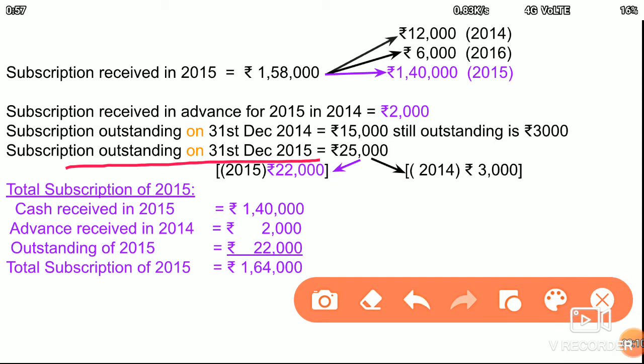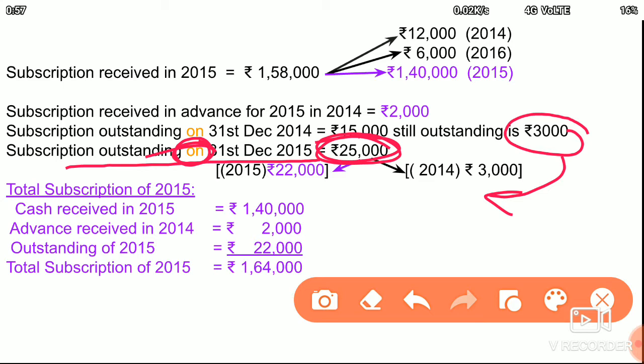So this is the subscription which is outstanding at the end of the current year, since they have used the word "on". So this 25,000 would include the outstanding of the previous year. So the previous year's outstanding, which is still there in 2015 also, is 3,000. So it is there in this 25,000 because they have used the word "on". So the actual outstanding of the current year will be 22,000 and not 25,000, because this 25,000 would include the outstanding of the previous year also.